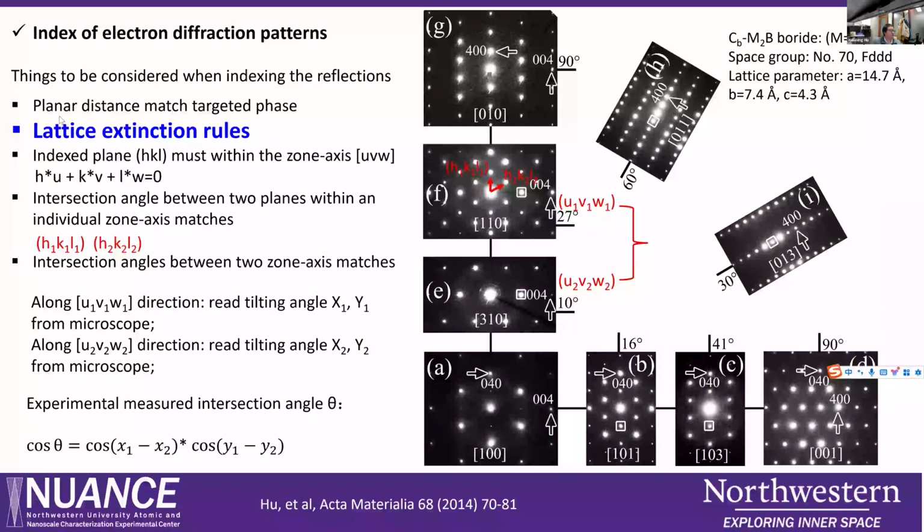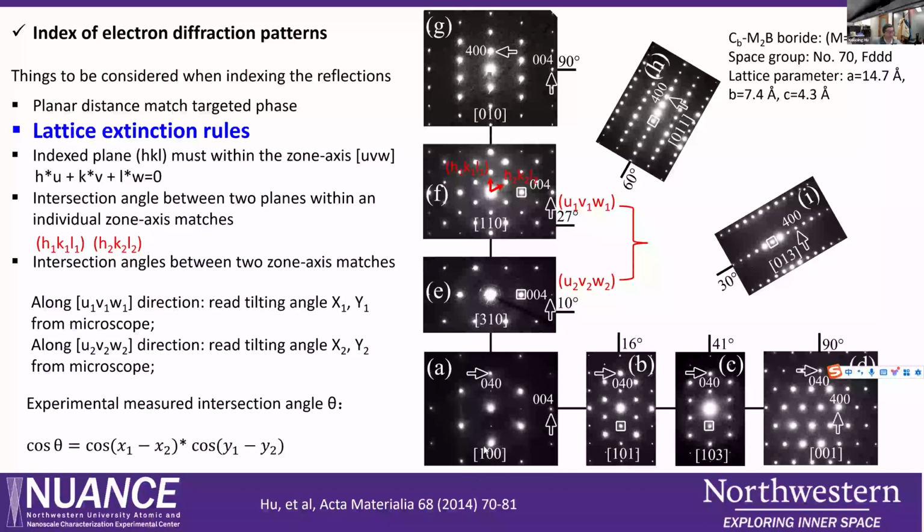For example, the first thing is that you should consider whether the planar distance matches some target phase. If you have a diffraction pattern, like A in this image, there are many spots.